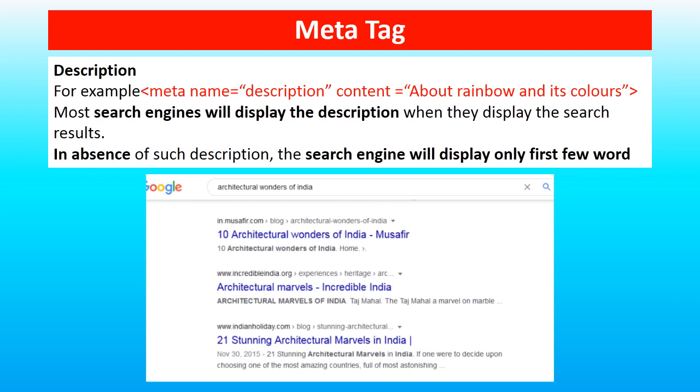Most search engines will display the description when they put the results of a search to the user. If we have not used meta name is equal to description and content is equal to about rainbow and its colors, then in absence of such description, the search engine will display only the first few words.